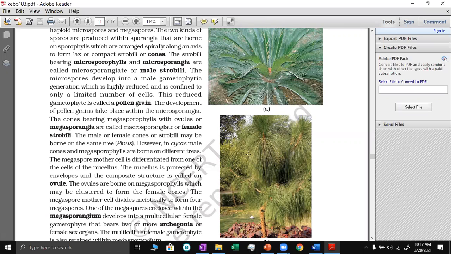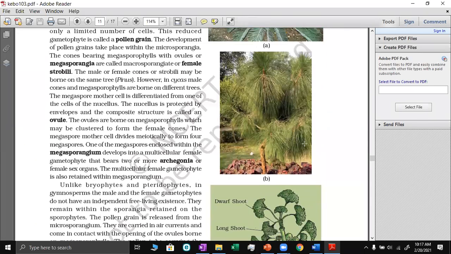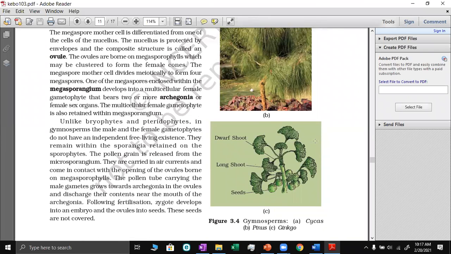You can recognize that is the Pinus tree, and the leaf. This one is a completely distinct gymnosperm called Ginkgo or maidenhair. Here the leaves are a little bit different, and by other characters this plant looks like an angiospermic tree.